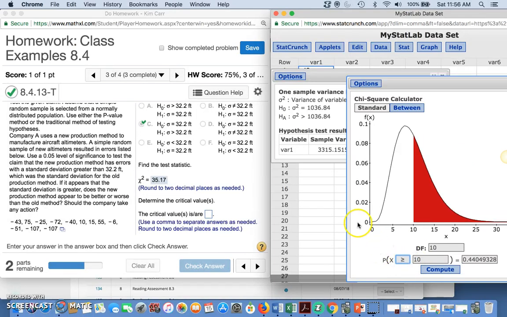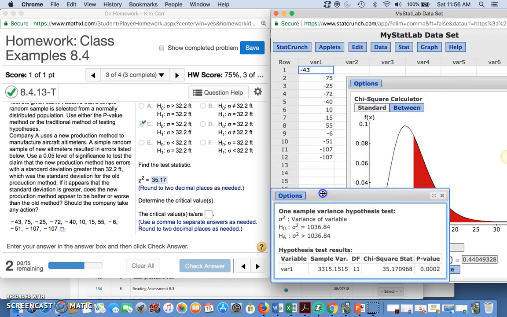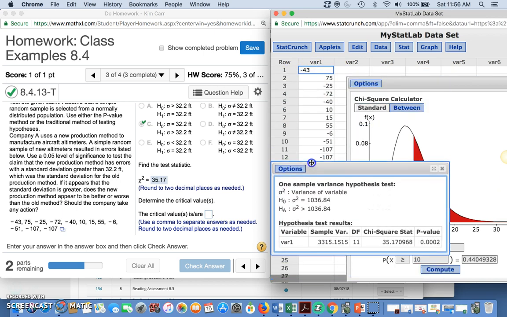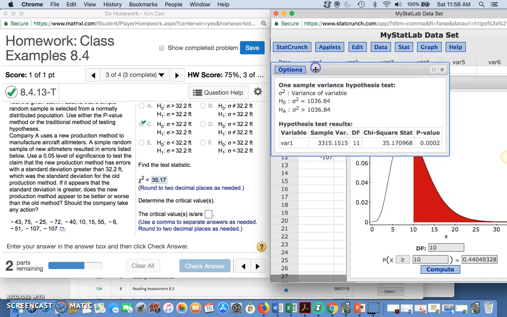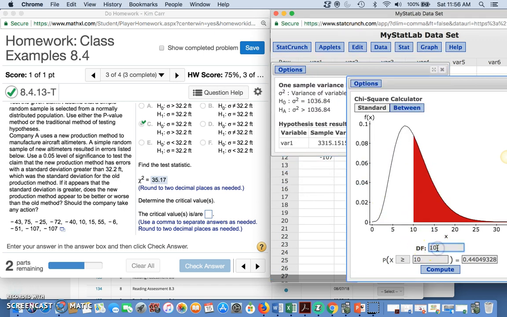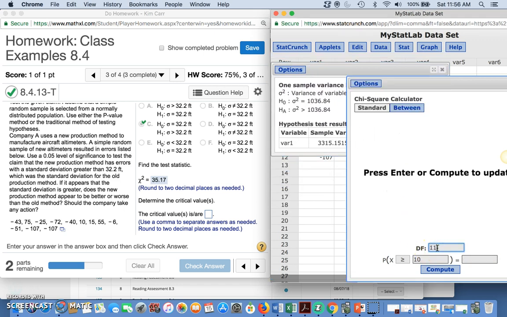Our degrees of freedom. How many were in our sample? Well, if you didn't pay attention earlier, let's see if we can pull this down. There's 12 in the sample. So our degrees of freedom would be 11.